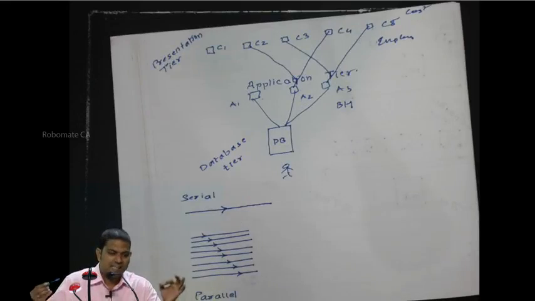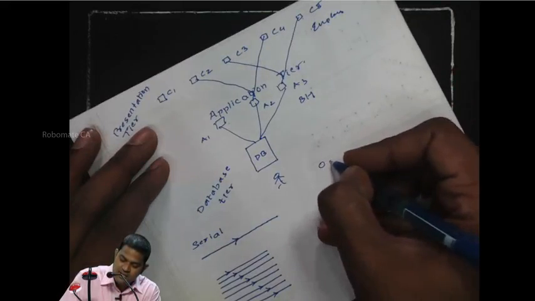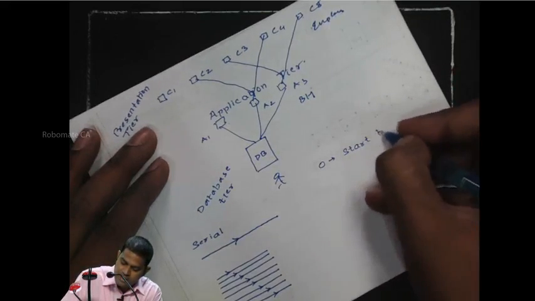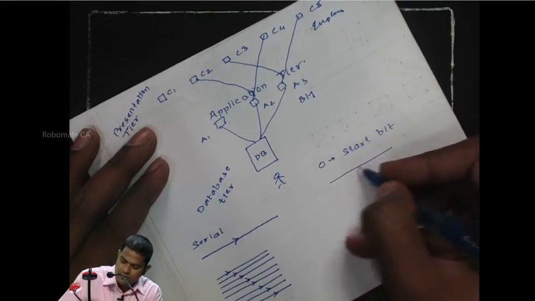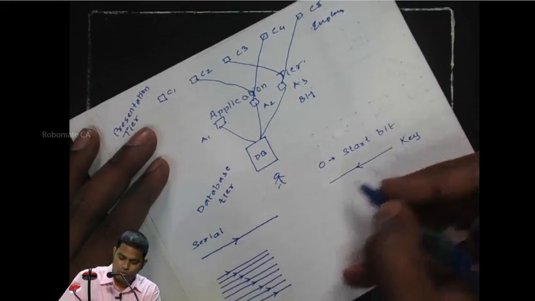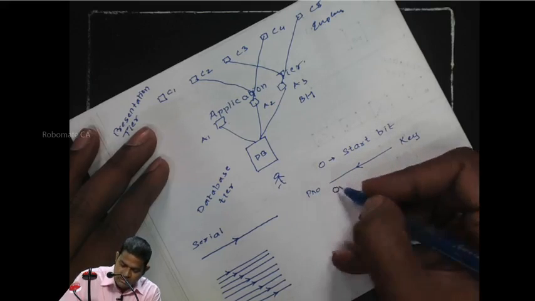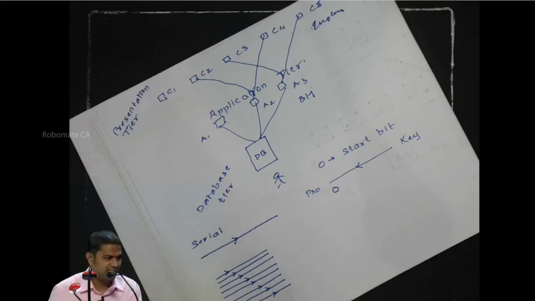Whenever Ram Prakash starts typing, bit 0 is generated. 0 is the start bit. Okay, suppose data has been transmitted in this way from the keyboard to the processor. So first bit 0 will be generated. It indicates typing has started. Now whatever he is typing, obviously it will go inside in the form of binary digits.